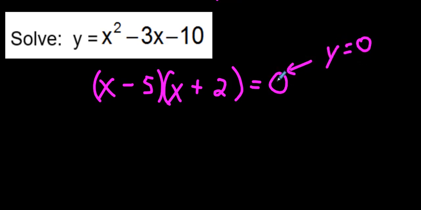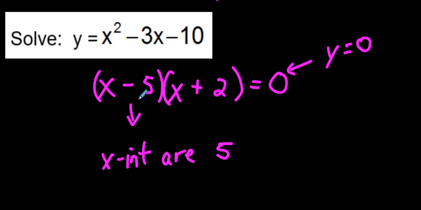So I'm putting a 0 on the end there. And remember what I just did in the introduction? Well, the two zeros are going to be the x-intercepts, or the zeros. The x-intercepts are 5. I'm choosing the opposite of what I see here. And -2. We have just solved this quadratic equation. There's two answers. One is 5 and one is -2.